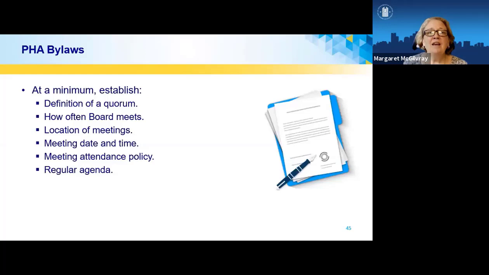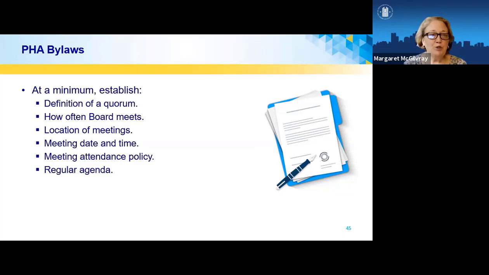Next slide. So as I mentioned just moments ago, every housing authority needs to have bylaws, and every board of commissioners must have bylaws, which at a minimum prescribe the number of required board members needed, and that's oftentimes out of your state legislation. What constitutes a quorum in terms of those meetings?